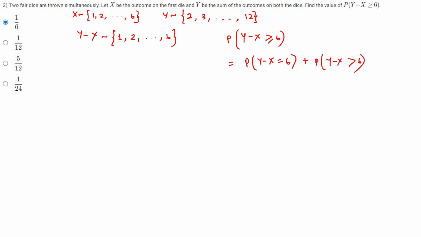As we just observed, this latter value is 0. So what is the first value? We have 6 different elements, and since they have given a fair die, this is a uniform distribution. The probability of getting 6 here is 1 by 6.